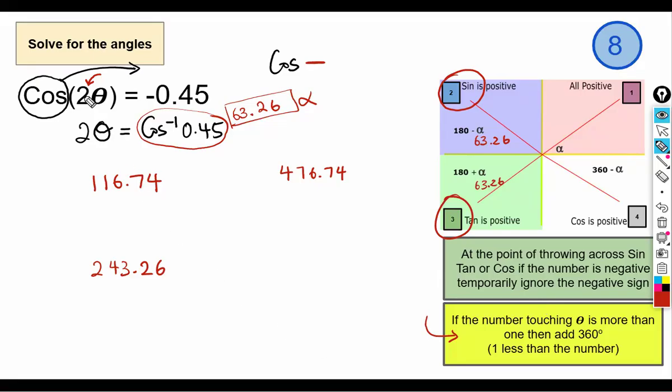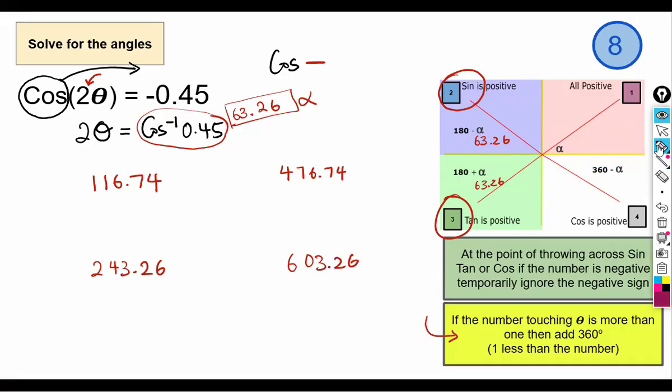But because the number touching theta is 2, 1 less than 2 is 1. So you add 360 once to your first answer and 360 once to your second answer. Well, we're not finished yet. And we end up with 4 answers.